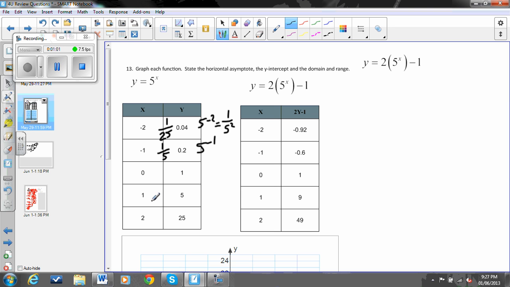When x equals 1, 5 to the 1 is 5. And when x equals 2, 5 squared gives us 25 for the y coordinate.